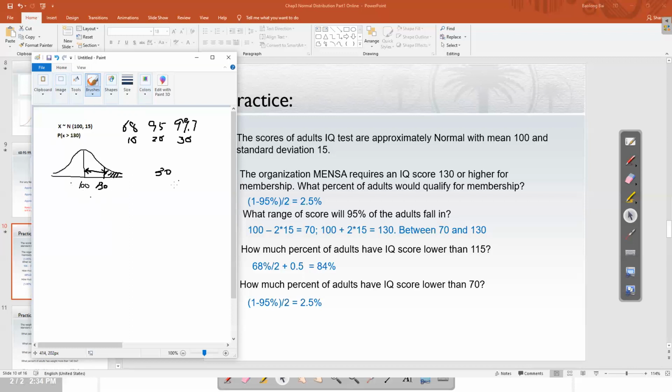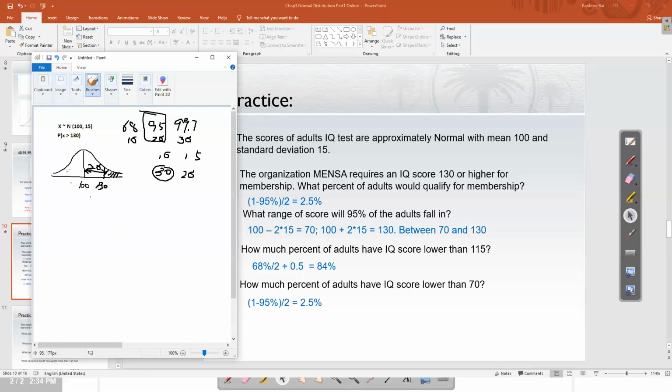And we know 1 sigma is 15. 30 is how many sigma? It will be 2 sigma. So this is 2 standard deviations away. And for 2 standard deviations, we're going to use the 95% rule.